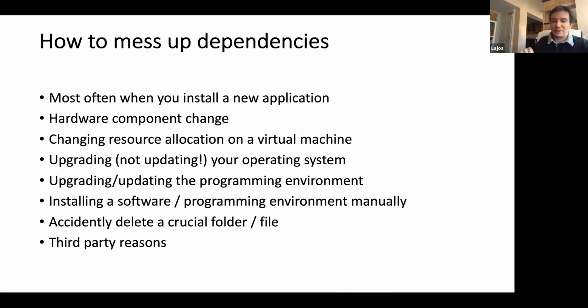A very common mistake or problem is when you mess up dependencies if you are installing a program or programming environment or software manually. This is why it is very, very safe to use Conda. If Conda is installing a new bioinformatics application, it sees that, okay, there is a SAMtools already there, which is used by another program, but for this new application, I have a different version of SAMtools.